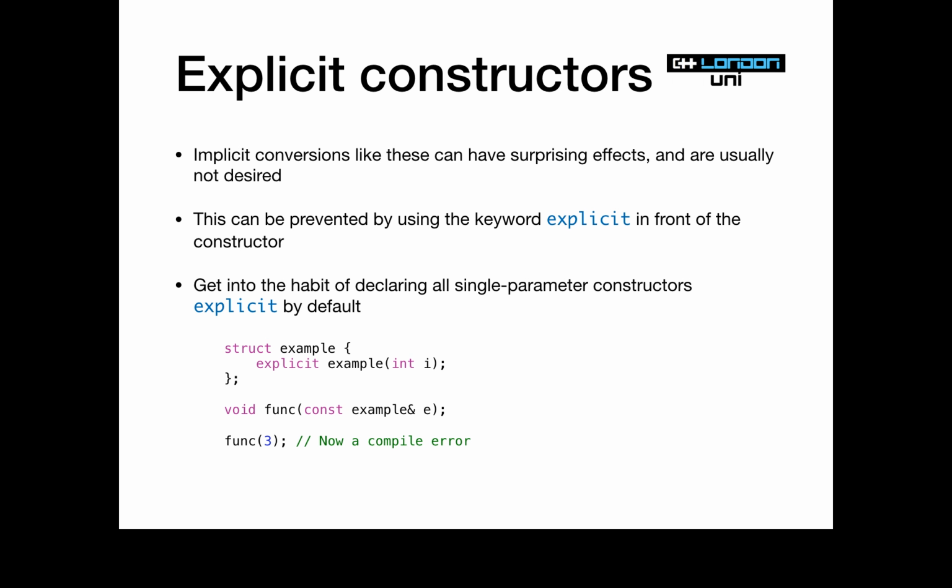If you didn't use explicit, but func took an example and an int, and you passed 5.5, it would still do the implicit conversion of example. But not if the example constructor took two arguments. Once the constructor takes more than one argument, that's impossible. Implicit conversions only happen with a constructor that takes one argument, or a constructor that can take one argument.